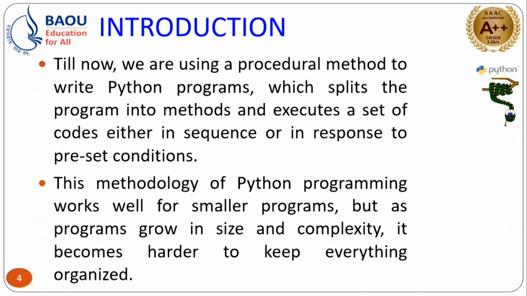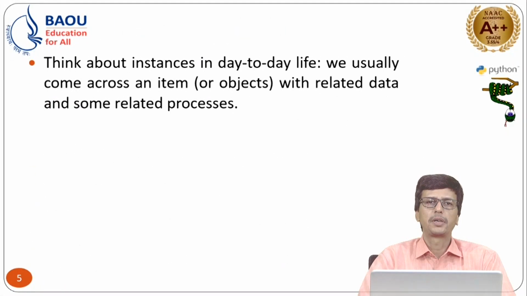So we are splitting our program into different functions and executing our code, but the program size will increase, complexity will also increase, and in that case this procedural approach is not quite efficient for generating the output. So to remove multiple limitations of procedural programming, we are starting with the object-oriented concept.